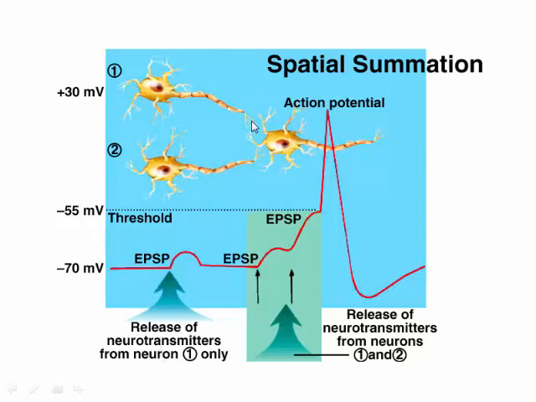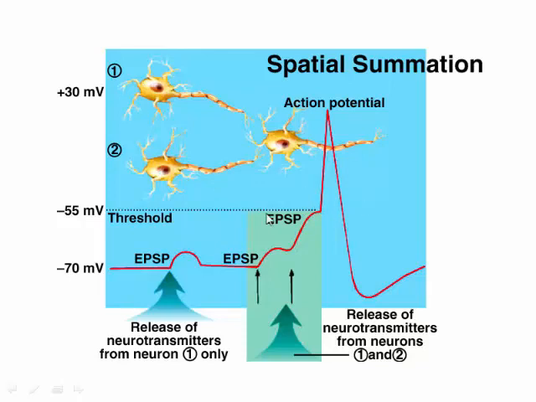Neuron 1 would release neurotransmitters and open sodium channels, but look, that's not enough to reach threshold. But if both neurons do that, you get enough sodium channels open, enough sodium coming in to reach threshold, and then you get an action potential. So this says release of neurotransmitters from neurons 1 and 2. This is called spatial summation. Sum because they're summed together, right? Addition. And spatial because they're separated from each other.